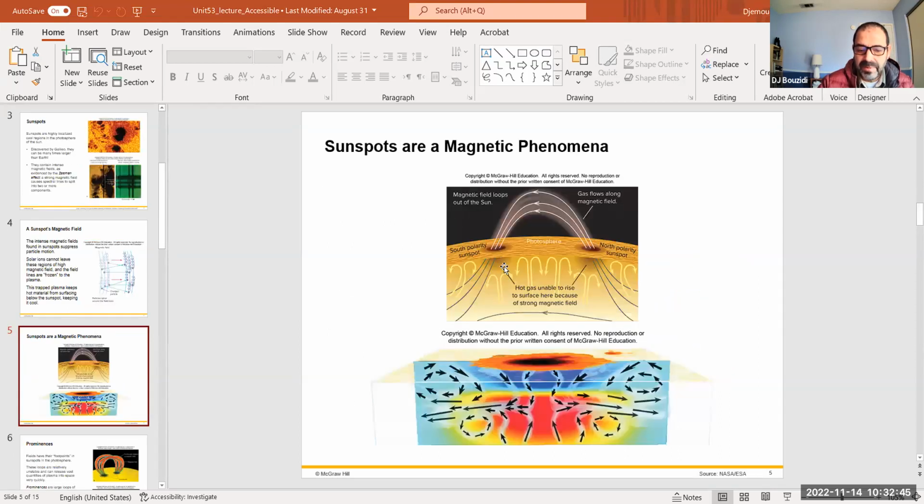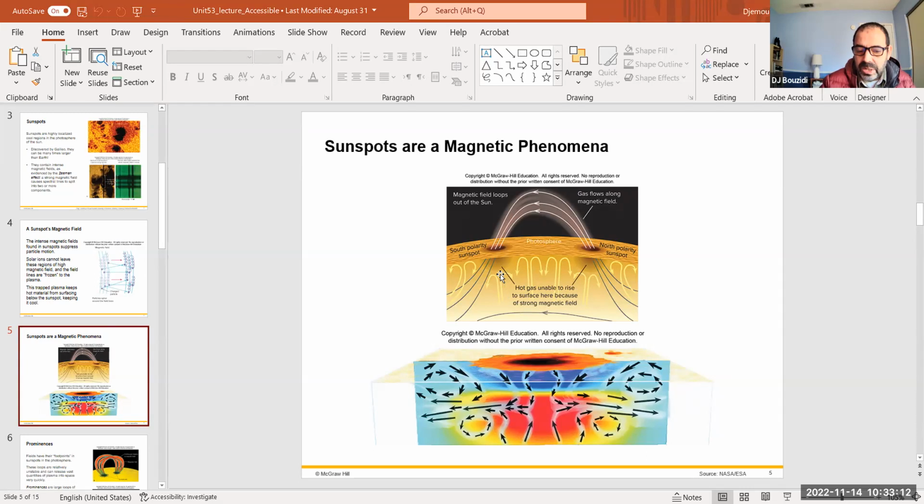Okay, so because of the presence of the strong magnetic field, this subdues the region underneath in the sun's surface and pushes the materials that are rising from the sun to lower depths. Okay, so the materials do not rise enough to the surface to distribute the energy or get rid of the energy. Remember, there is a convection layer underneath the photosphere.